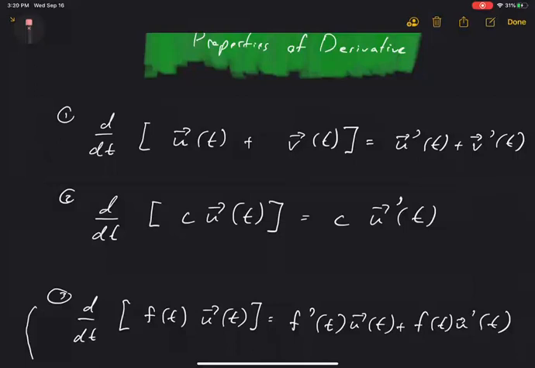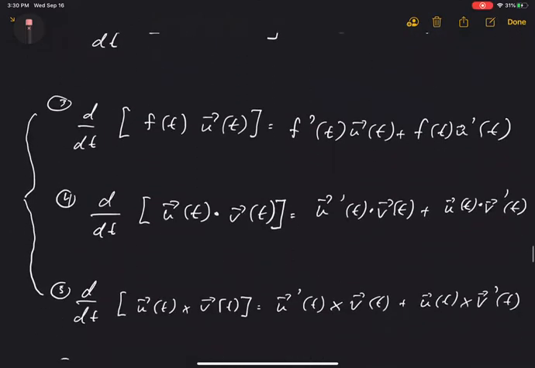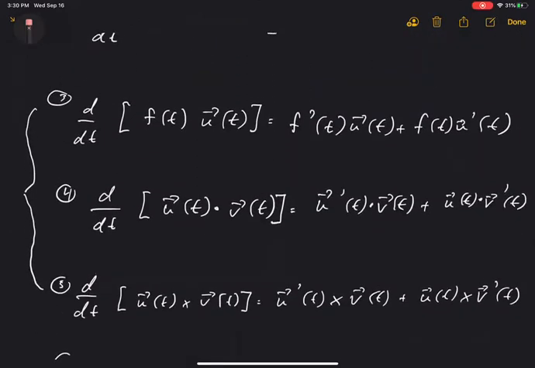You can look at those for a moment and digest them. The next three are interesting because this is three different versions of the product rule. So remember product rule for a single variable.